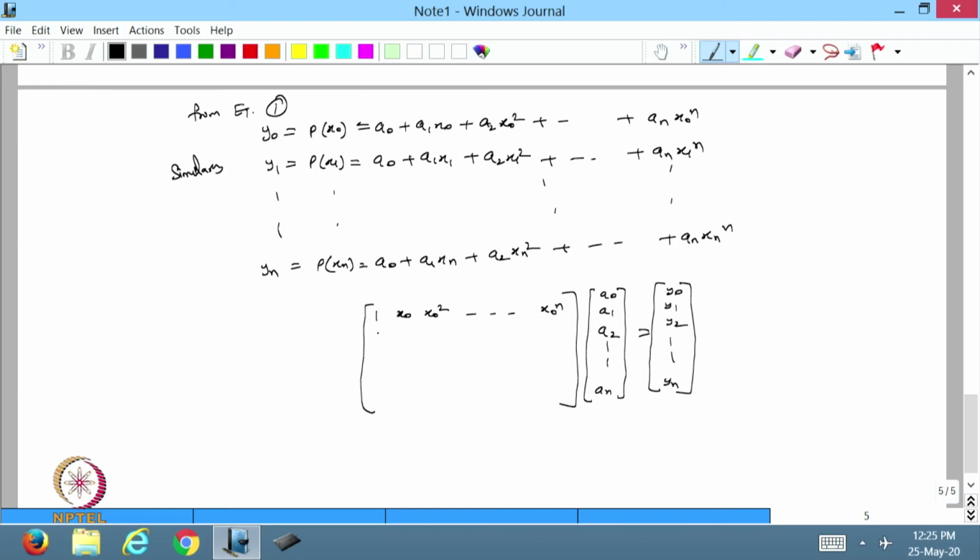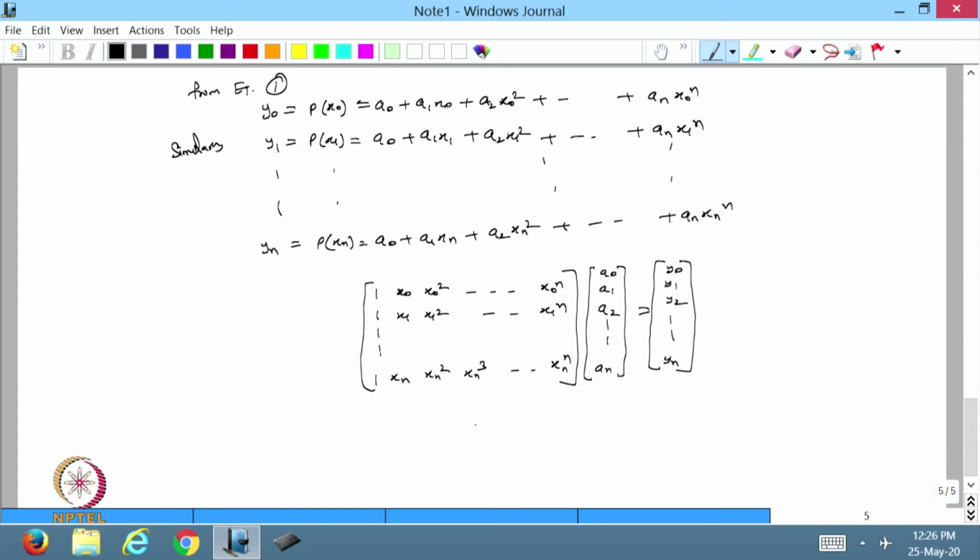Then the next line will be 1, x1, x1 square up to x1 power n, and so on, in the last I will get 1, xn, xn square, xn cube, and in the last xn raised to power n. So this is my system of equations in the form of A x = y, but because this matrix involves x, I should write it as V(x) a = y.